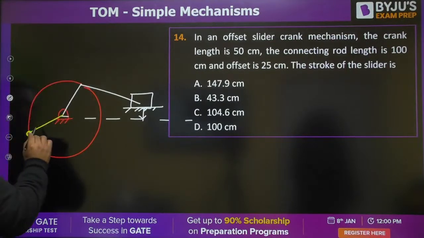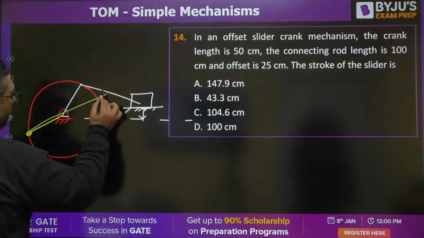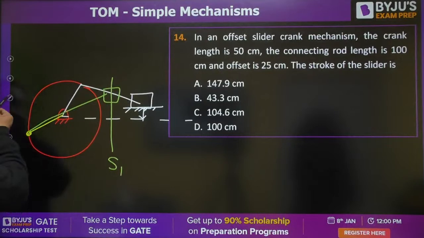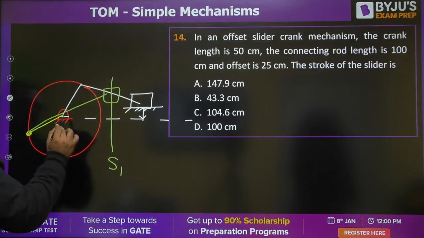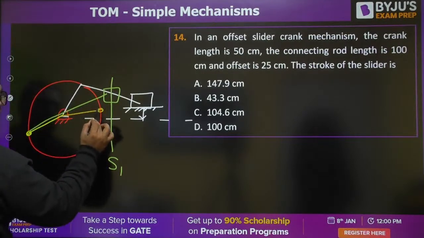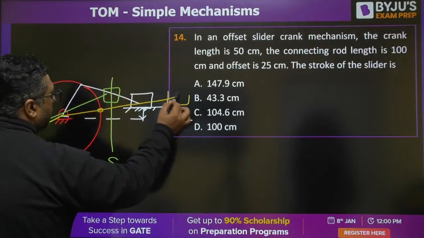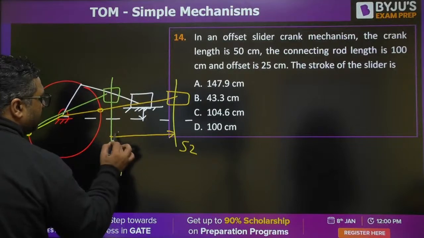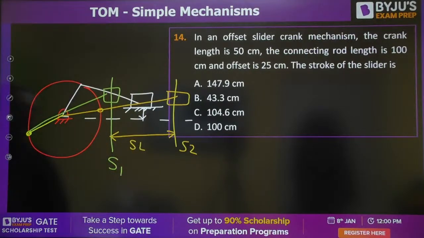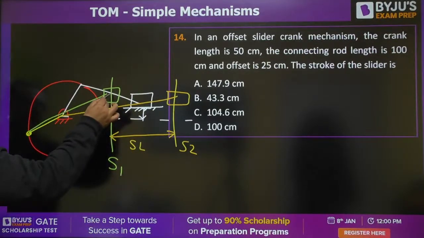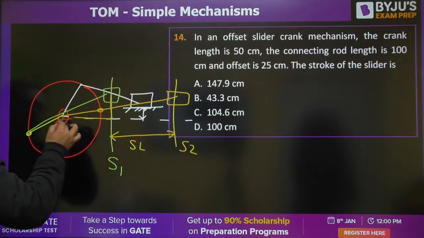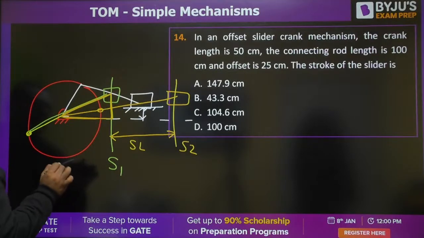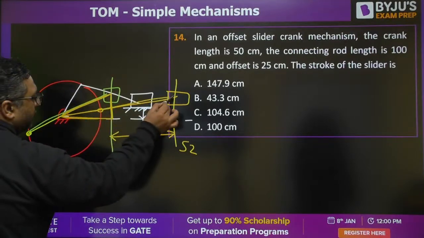This is going to be the connecting rod. This will give you the first position S1. The second position of the slider would be this S2. You need to find this stroke length. You can see this is one triangle and this is the second triangle.